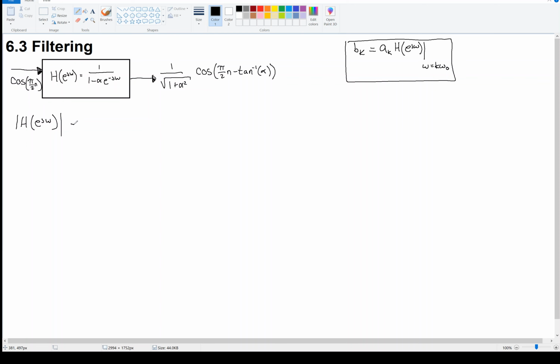So let me find the magnitude of this expression. The magnitude of the numerator is 1, and then I need to figure out what the magnitude of the denominator is. To do that, I'm going to express the denominator in rectangular form. So we're going to use Euler again. e to the minus j omega is cosine of minus omega plus j sine of minus omega.